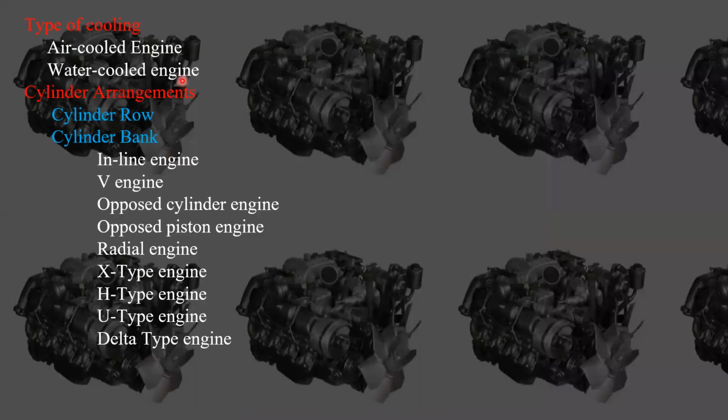Cylinder row means the center lines of the cylinders are going to be perpendicular. For suppose center lines of the crankshaft are there, and center lines of the cylinders are there. If these two are perpendicular in a plane, then we call it a cylinder row. Mostly we will go for the cylinder bank only.